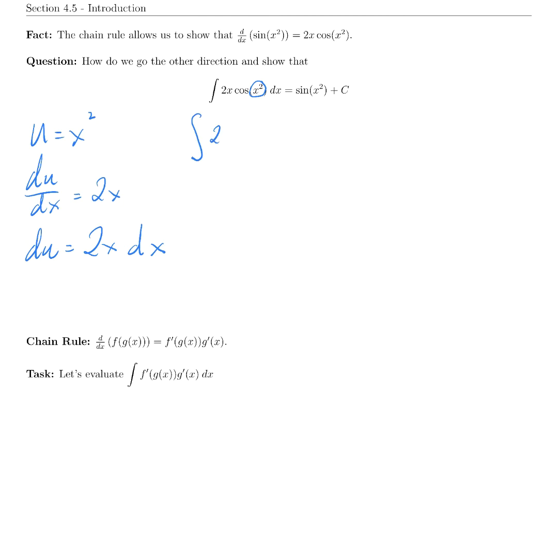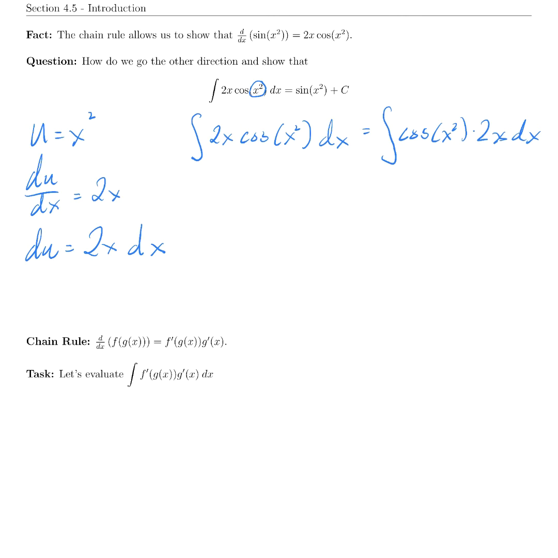So we're trying to find the antiderivative. We know what it is, but we're trying to see how we could show it of cosine of x squared dx. Well, I'm going to rewrite this ever so slightly as the antiderivative of cosine of x squared times 2x dx. Now I'm going to come back over and try to change this entirely in terms of the variable u.